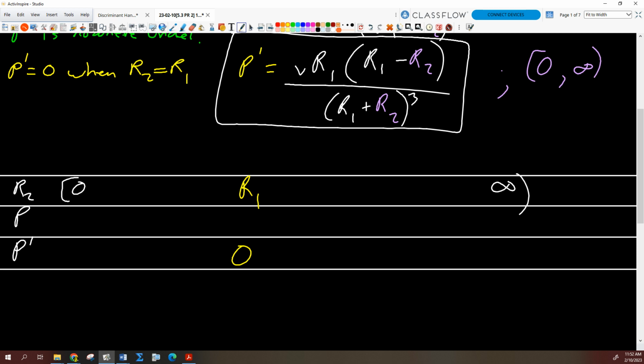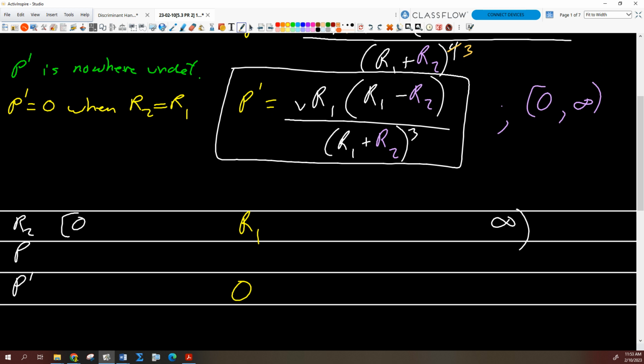So what do we have to do here to know what kind of animal we have going on there at that critical number? R1 and R2 are both positive. So everything's positive, right? So what would happen for values greater than R1?